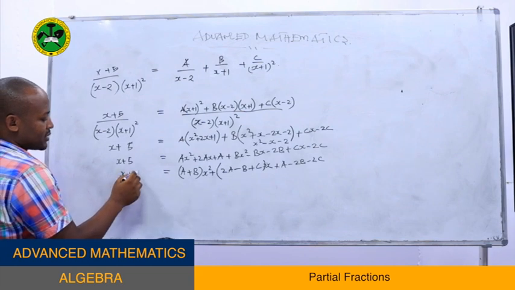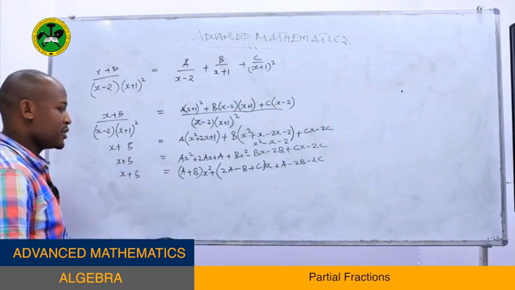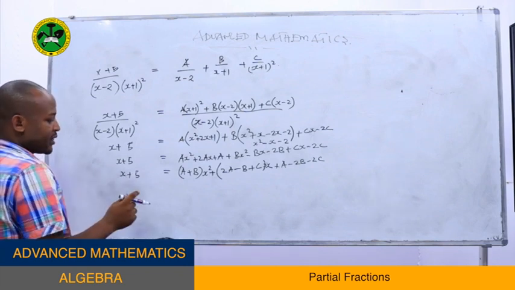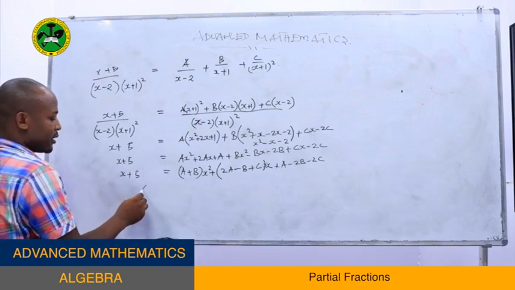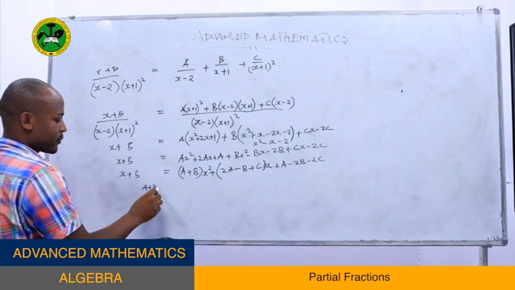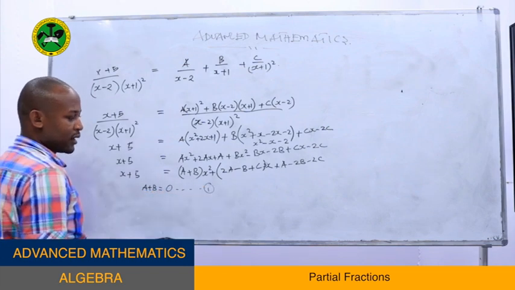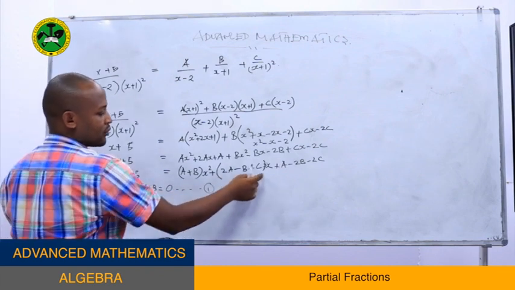x plus 5. Now let's collect the equations. As you can see, there is no coefficient of x squared. That means we have a plus b is equal to 0, and that can be called equation number 1. And let's go to the coefficient of x.